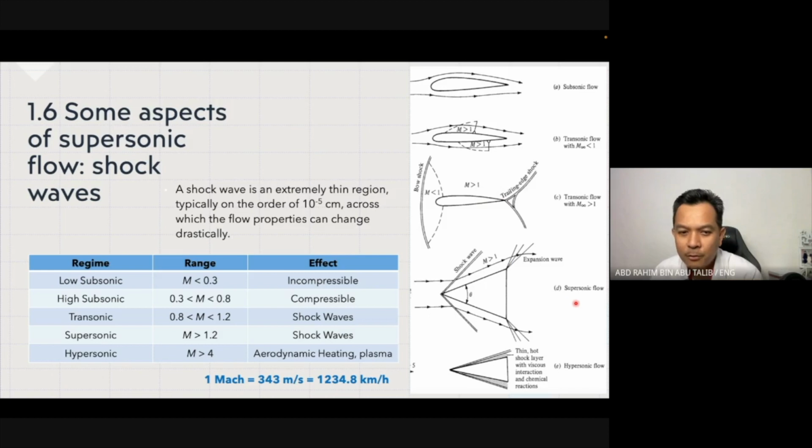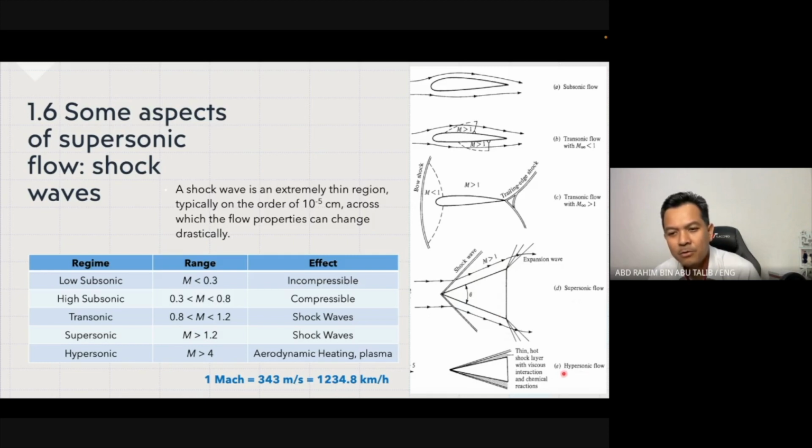Meanwhile, for supersonic flow, which is Mach more than 1.2, you will be seeing shock waves. For a shape like a diamond or a triangle over here, you can see the shock wave occurring, where the flow behind the shock wave is at Mach number more than 1, and you can also see an expansion wave developing at the end of the object.